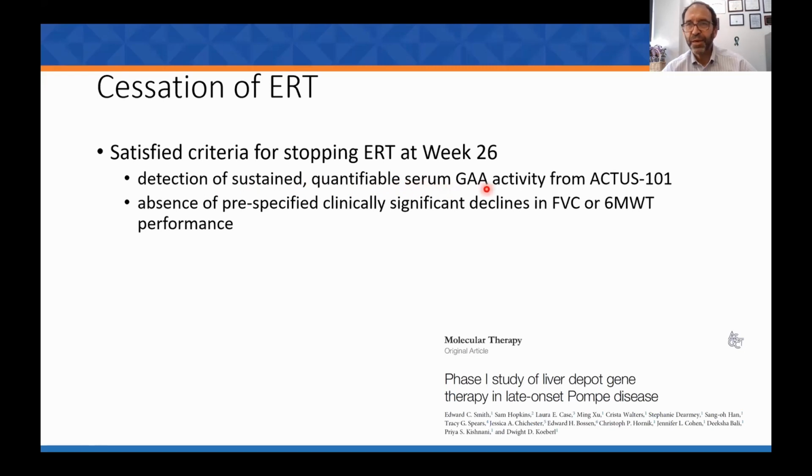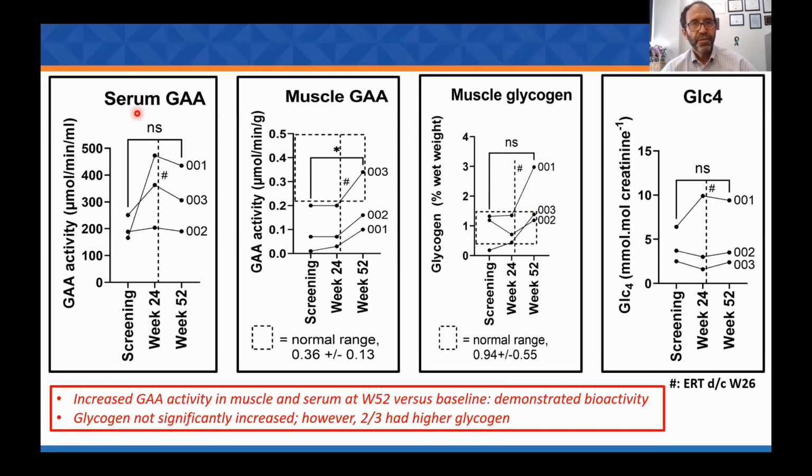elevated GAA in the blood compared to at baseline before gene therapy, and then no decline in terms of muscle function testing. And we measured in the blood GAA that was at least a little bit increased compared with the start before gene therapy at week 52.